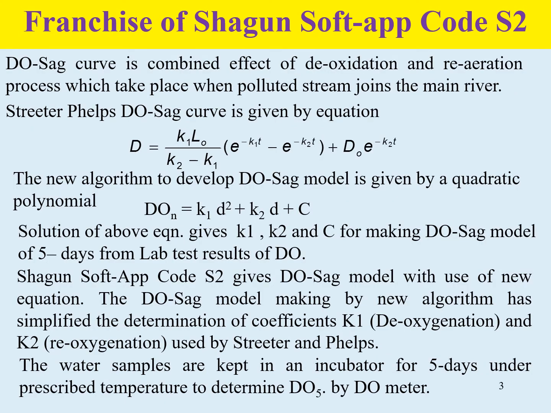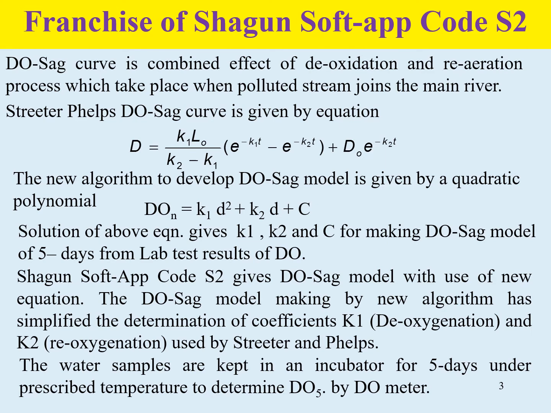Figure 2 on the computer screen shows the process of DO-SAG model making by Streeter-Phelps equation. DO-SAG curve is the combined effect of deoxidation and re-aeration process which takes place when polluted stream joins the main river. Streeter-Phelps DO-SAG curve is given by the equation shown on the screen.